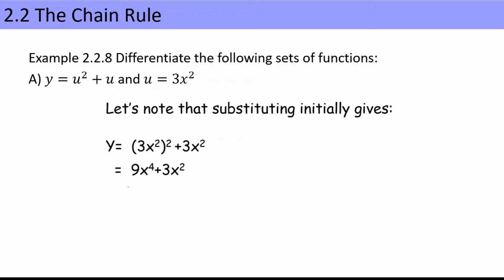When we take the derivative, y prime is equal to, bring down the 4, so 9 times 4 is 36, 36x to the power of 4 minus 1 is 3, plus the derivative of 3 times x squared, so 3 times 2 is 6x. You might note that this was a little bit easier and more straightforward way to solve.